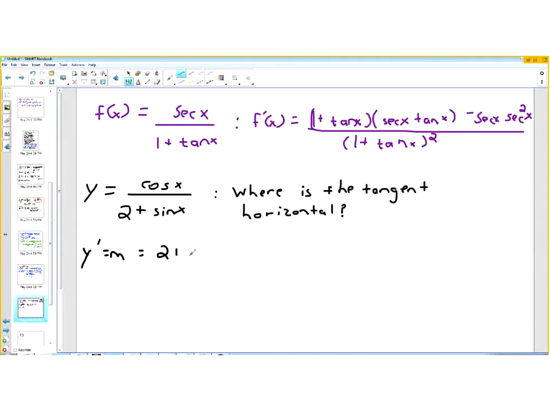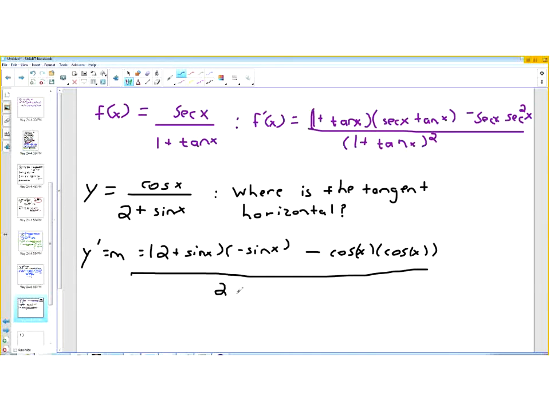Okay, we have to use the quotient rule for differentiation for this function. Bottom times the derivative of the top minus the top times the derivative of the bottom, divided by the bottom squared.